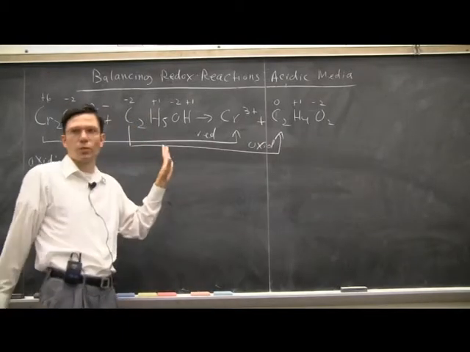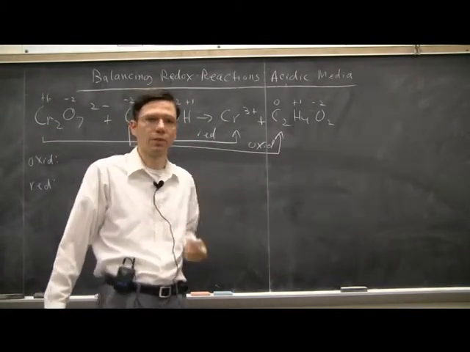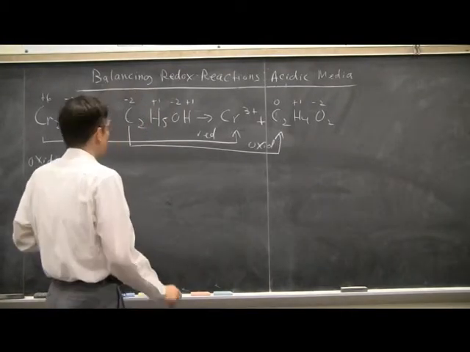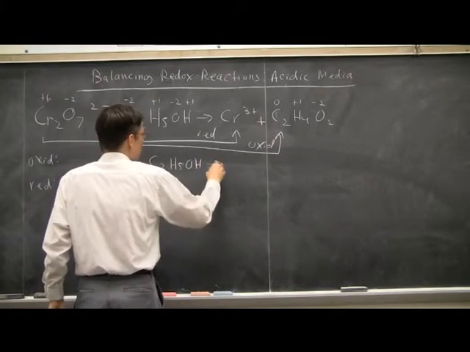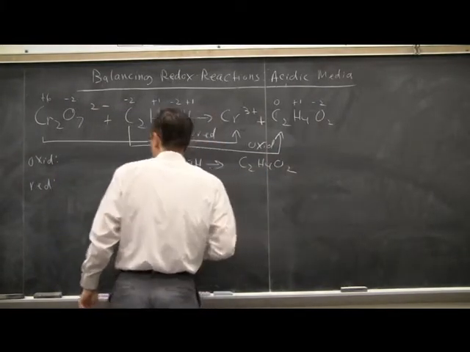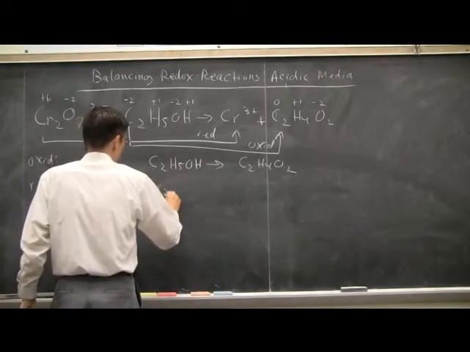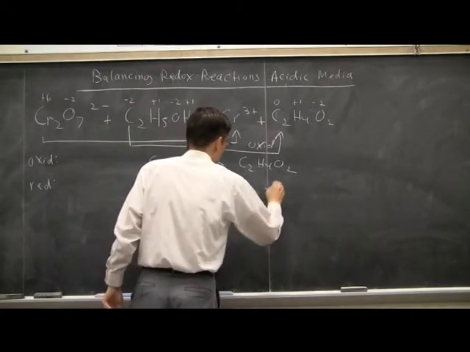So we'll use those for our half reactions and then fill everything else in. You need to add waters, H pluses, and a few other things. So for oxidation, we have C2H5OH goes to C2H4O2. Reduction, we have Cr2O7 2- goes to Cr3+.